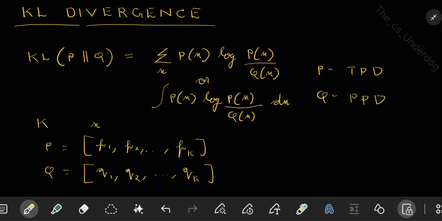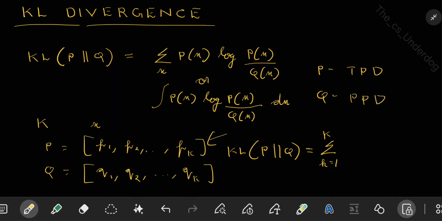How can I write the KL divergence? At this point, I can write KL divergence of P and Q, or Q from P. This can be written as the sum over all the k classes, k equal to 1 to k. This is the formula: P of x log P of x by Q of x.